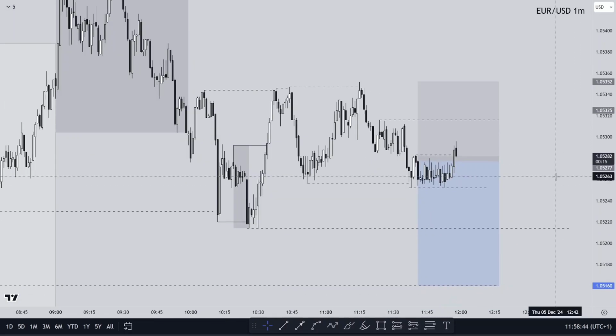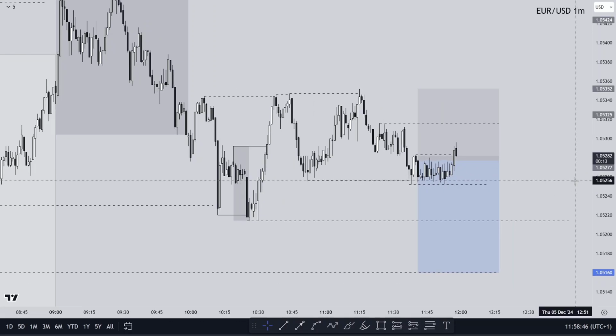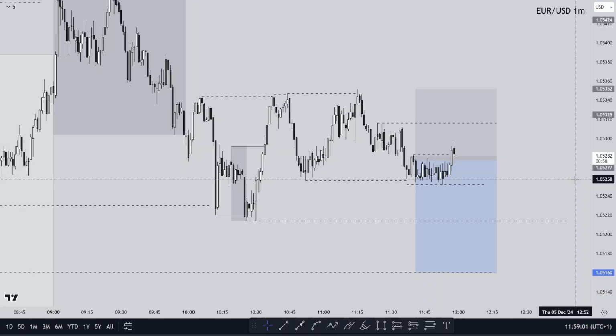Okay. As I said before, I just need to read the market, trying to understand what price is doing. I mean, create nothing. I just need to read and understand. Okay, and take decisions according to price movement and especially to liquidity movement.